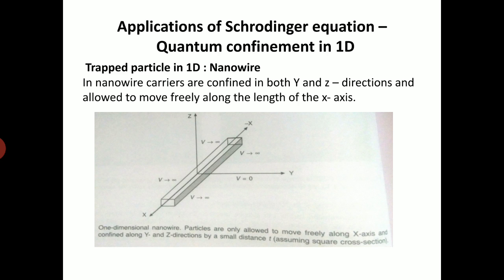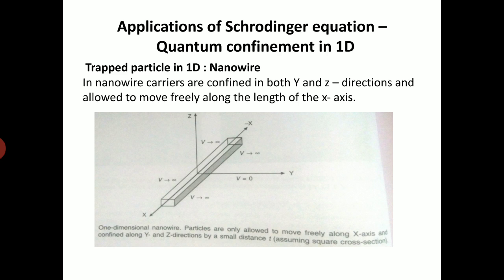This figure represents the one-dimensional nanowire. Particles are only allowed to move freely along the x-axis and are confined along y and z directions by a distance small t, assuming a square cross-section.